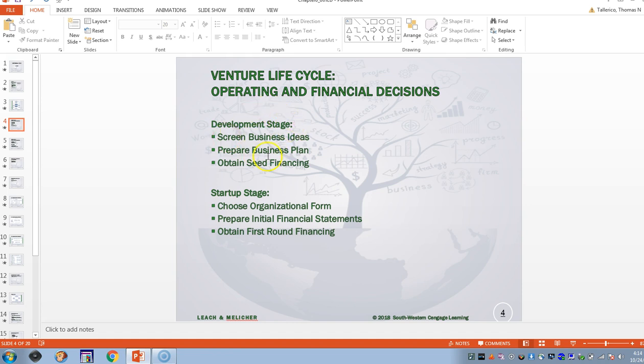So we have ideas going on in our head, and then of course we have the basic startup stage, where we choose what kind of organization we're going to create, a limited liability corporation, and prepare initial financial statements, and obtain first round financing. So these are the two very early stages, and that's important.